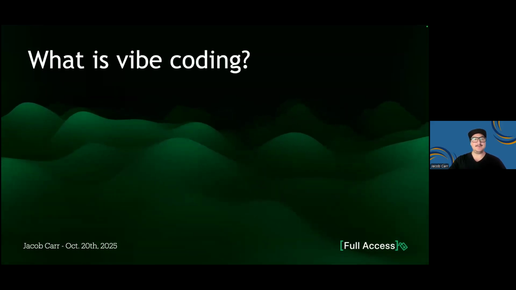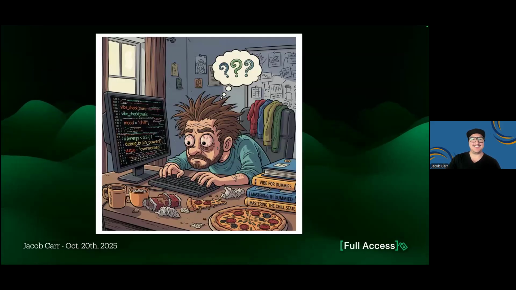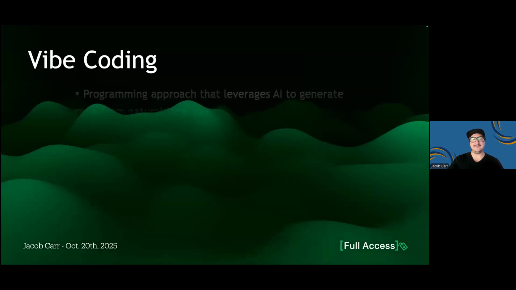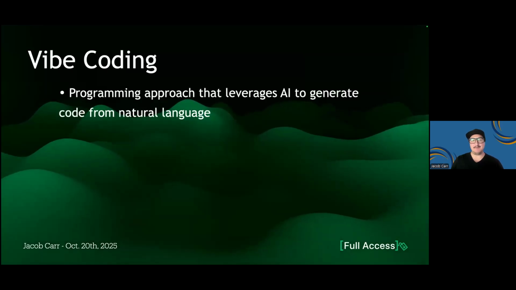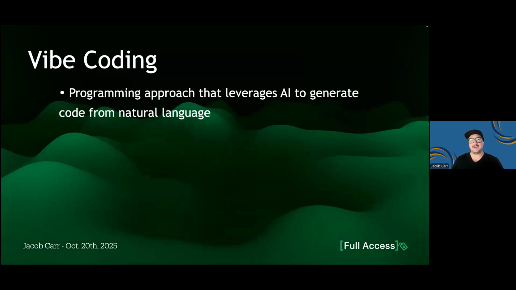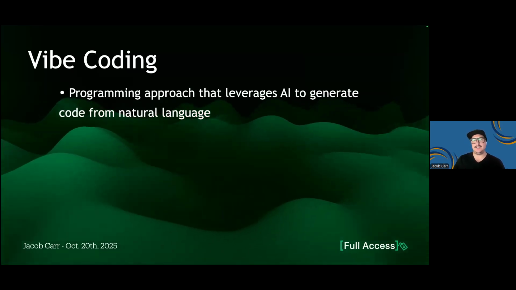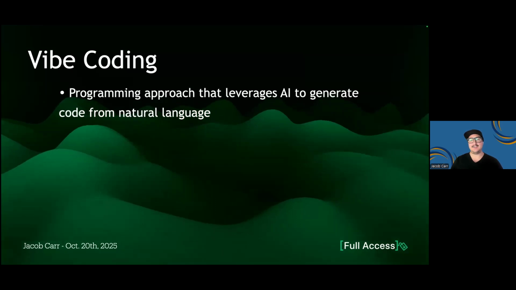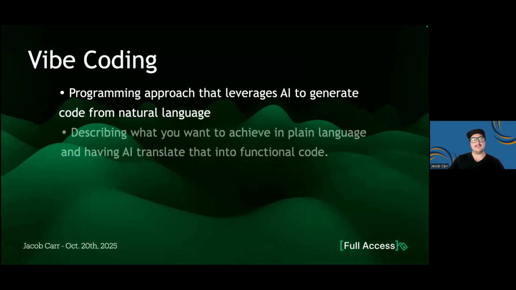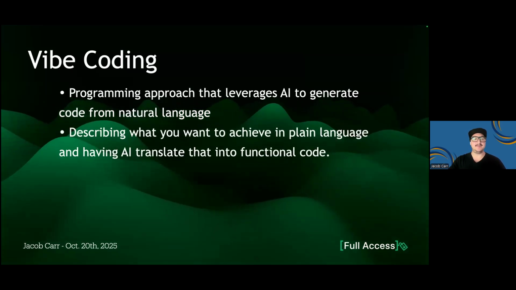So, what is vibe coding? Well, it's definitely not this guy. Vibe coding is a programming approach that leverages AI to generate code from natural language. Basically, you describe what you want to achieve, and then you have AI translate it into functional code.